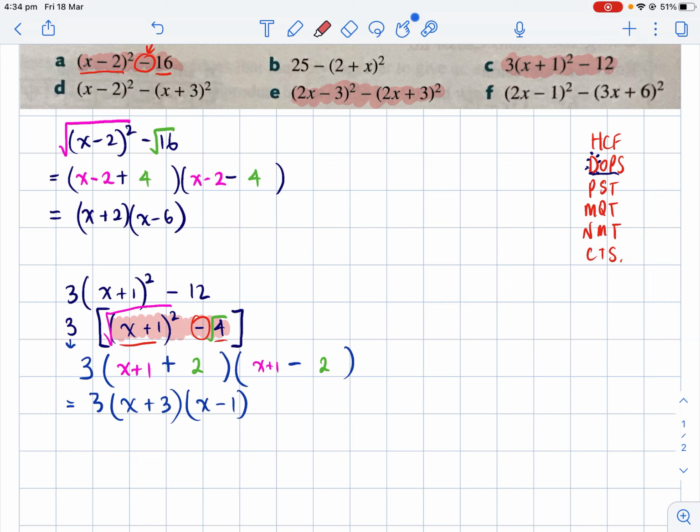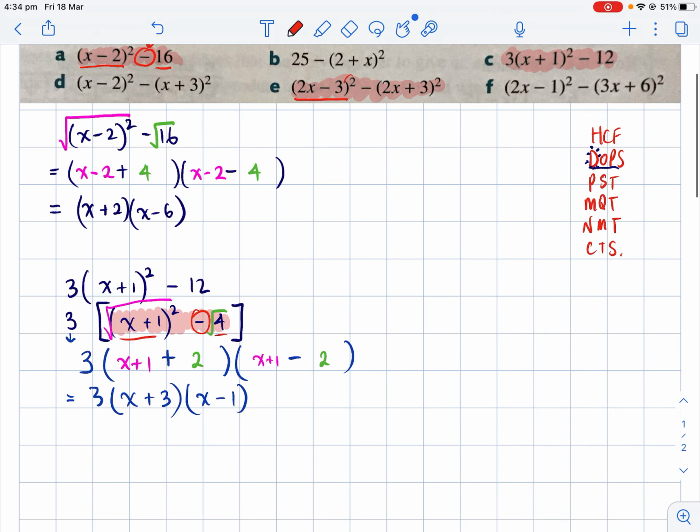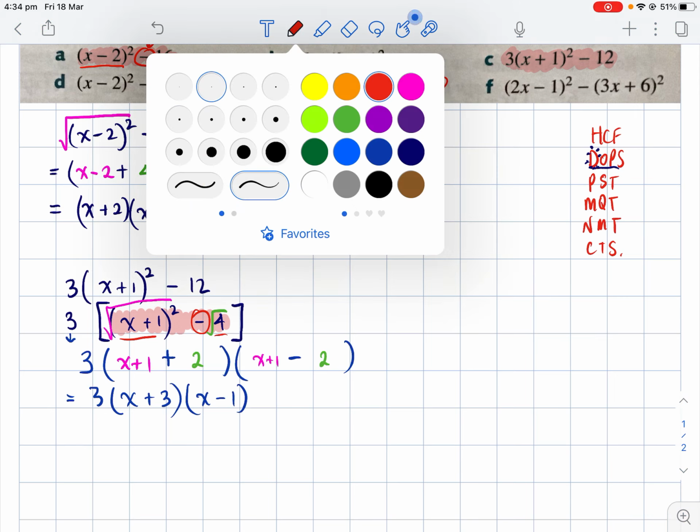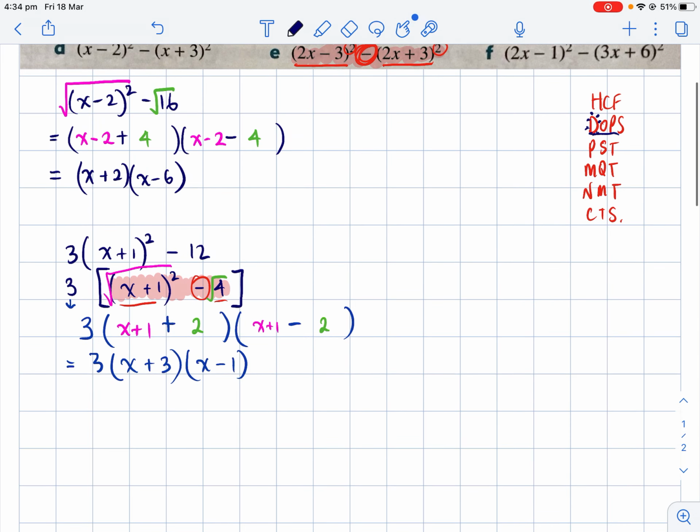And for E now, same deal, except my problem has 2 brackets. But again, I just look at this as part 1, that's a squared term, part 2, that's a squared term, and I straight away spotted that minus between them. So if I want to factorise this problem, I straight away know it's a difference of perfect squares problem.